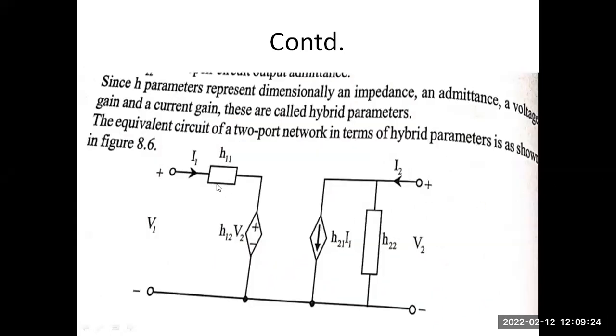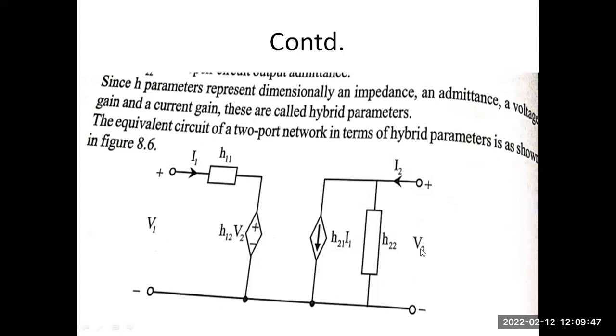Now here you see that V1 equal to H11 into I1 plus H12 into V2. So this is basically a voltage source. Previously it was a current source, now here it is a dependent voltage source. The magnitude of this voltage source is dependent on the output voltage V2.